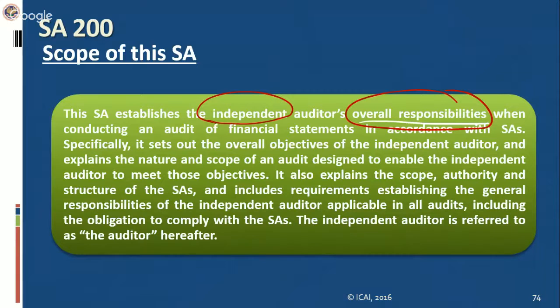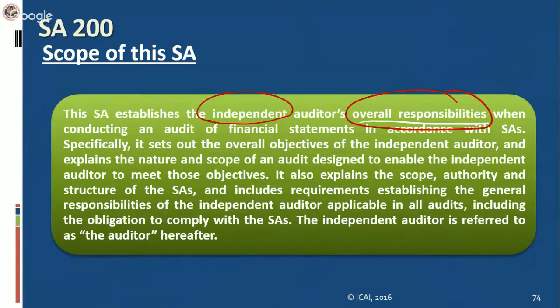So the auditor is an independent entity in himself, an independent identity in itself. Only then will he come out with an independent opinion.